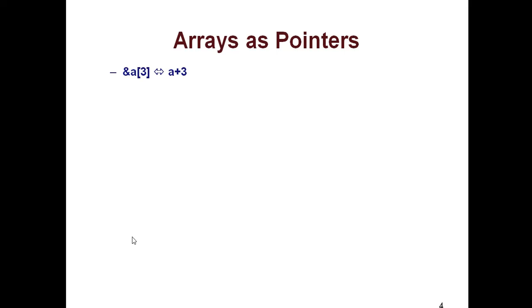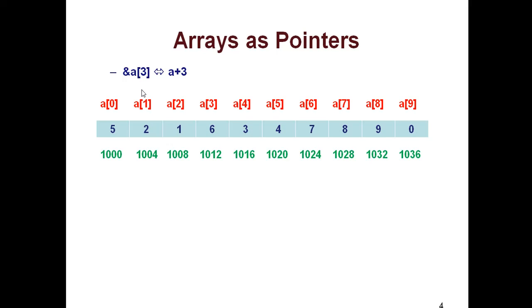Next expression is address of a of 3. So address of a of some ith location. When I write address of a of I, that translates to a plus I. I can use either of the two, they both mean the same. Let us see the interpretation of the first expression. In this array, the interpretation of the first expression is pretty simple.